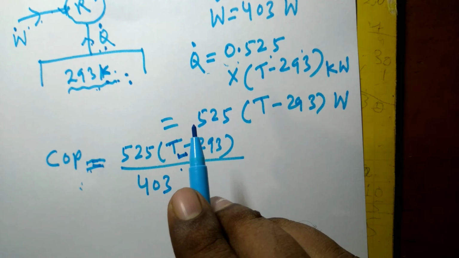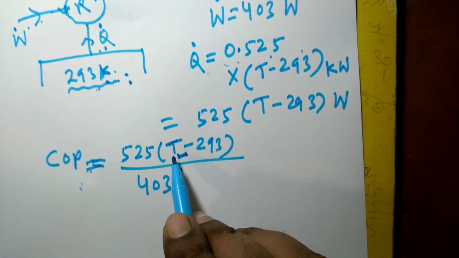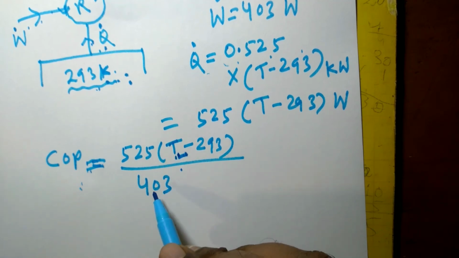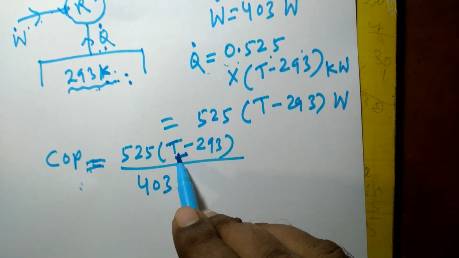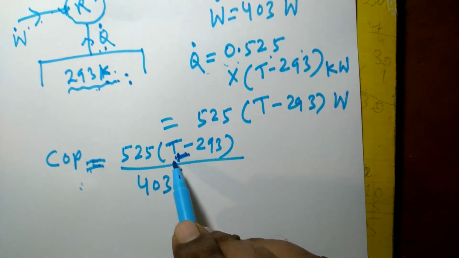So in the question it is asked what is the maximum outer temperature, what is the maximum value of temperature T for which the inside can be maintained. So this maximum temperature is possible in case of reversible devices when the COP is the maximum.